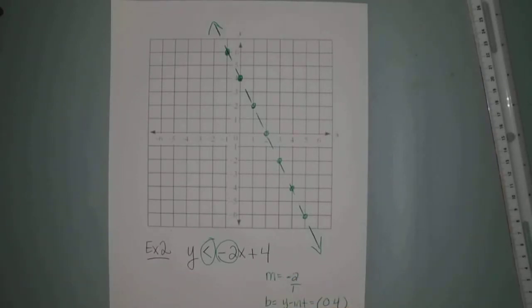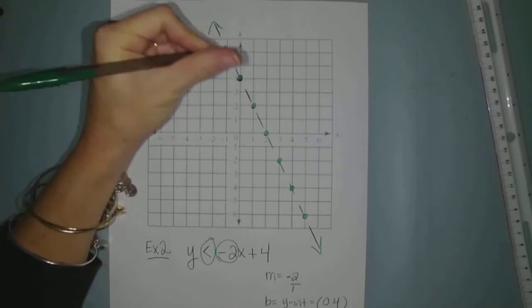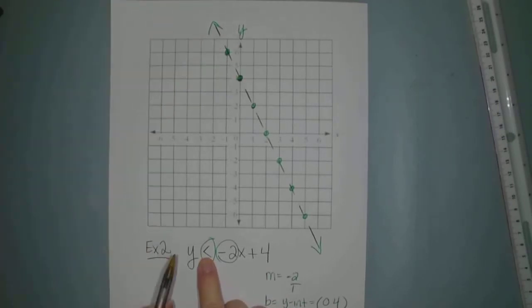Okay. Now, put your pen or your pencil on the y-intercept 4. Put your pencil down there and decide. Look at your symbol here, less than. The y's are less. The y's are less.